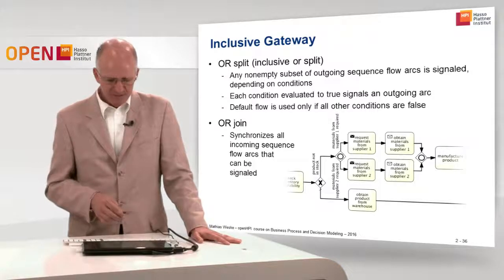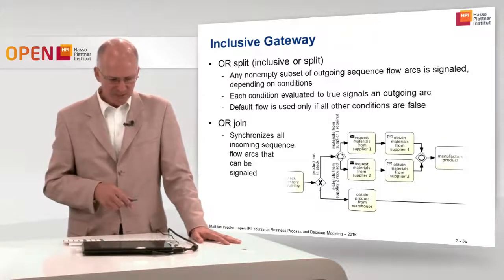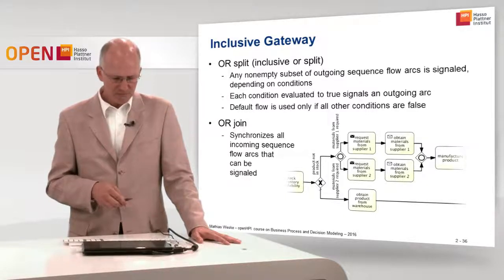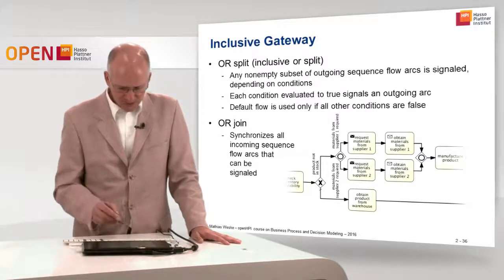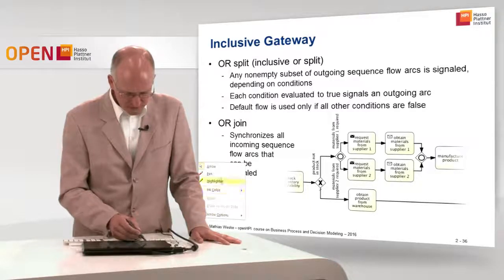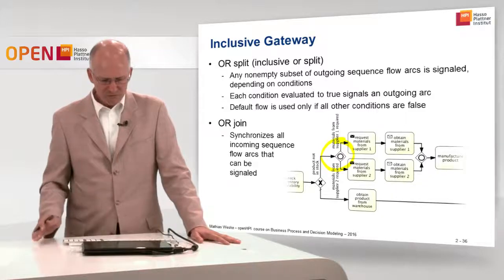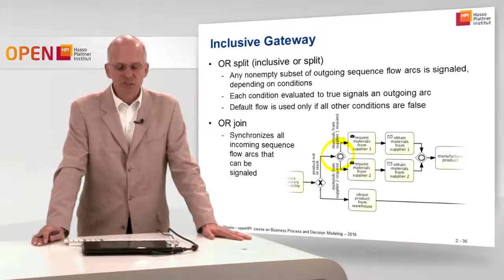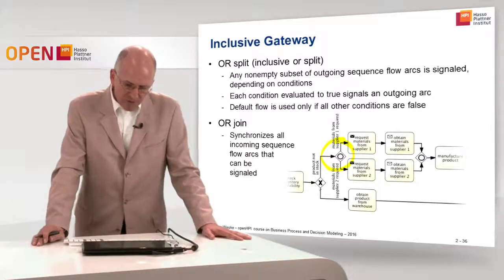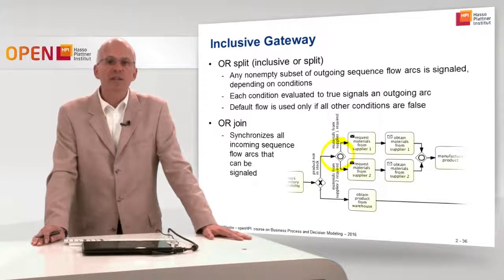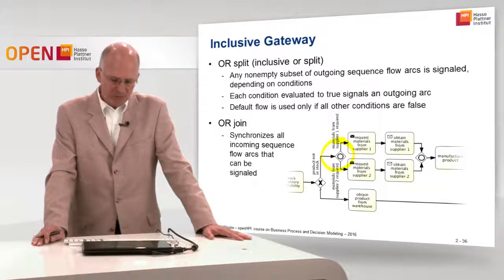Okay, here's an example: the previous example now expressed using the inclusive gateway, in particular the OR split. And we see the OR split here. Here we have one condition, that is material from supplier 1 is required. The other condition is material from supplier 2 is required.